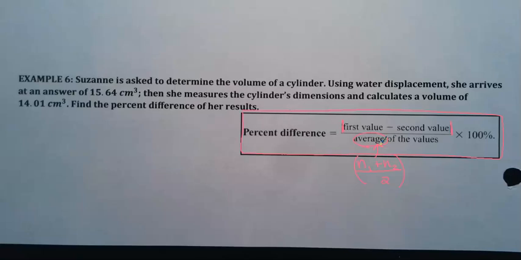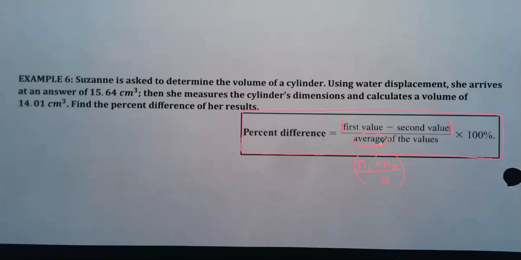So in example 6, Suzanne is asked to determine the volume of a cylinder. Using water displacement, she arrives at an answer of 15.64 cubic centimeters. Then she measures the cylinder's dimensions and calculates a volume of 14.01 cubic centimeters. Find the percent difference of her results.